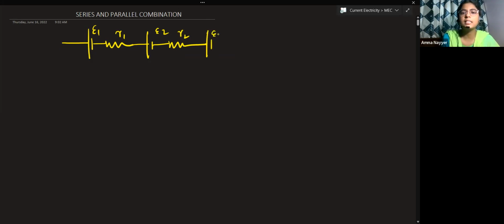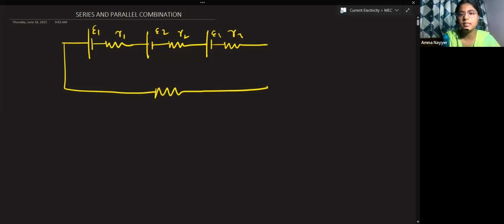Then this is E3 with its internal resistance as R3. And the external resistor is also connected in the circuit. So always remember, if you see all the directions of EMF are together, means positive terminal is connected to the negative, then positive to the negative, positive to the negative in a synchronized order. If it is connected in this manner, see equivalent EMF.